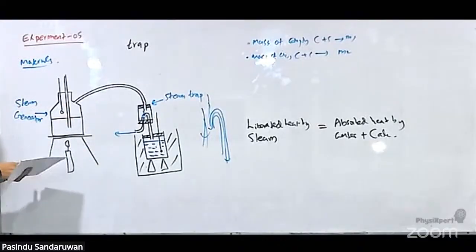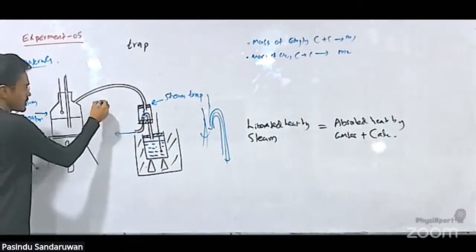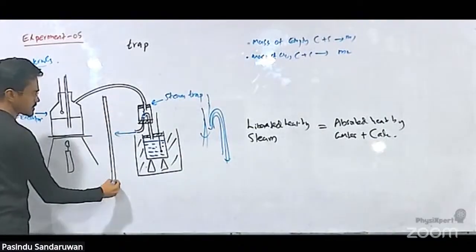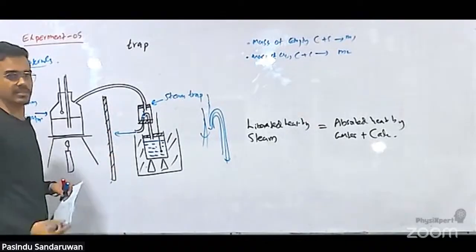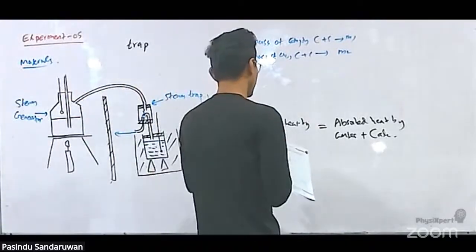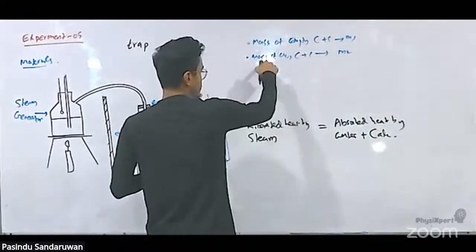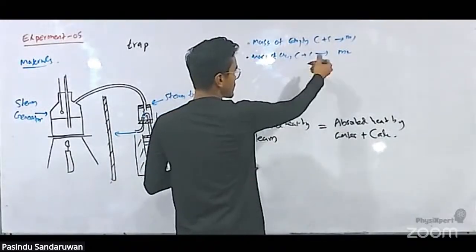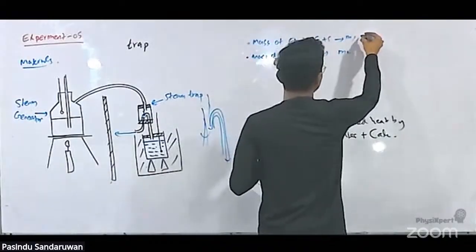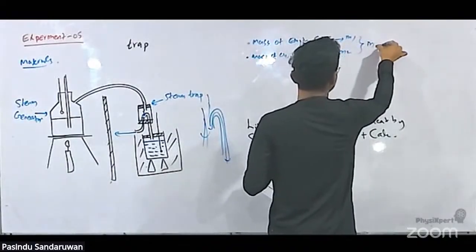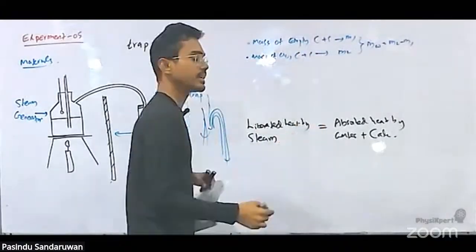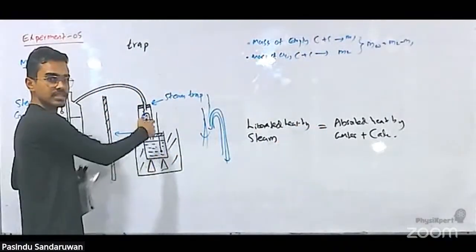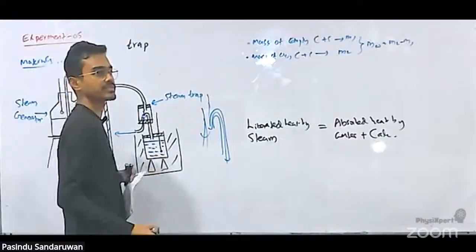I haven't drawn this part. An insulated sheet is used, as in the earlier discussion, because if this gets direct heat from here, again there is an error. The mass of water in the initial system is M2 minus M1. Then we need the initial temperature of the system, the water.